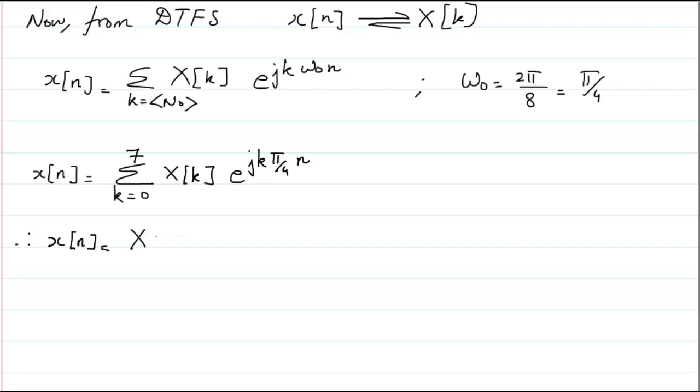So I will get capital X of 0, and if I put 0 here, I will get 1, plus the next value for k is equal to 1.